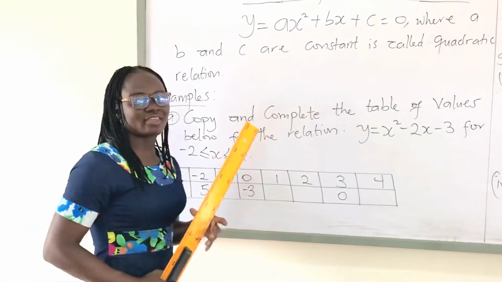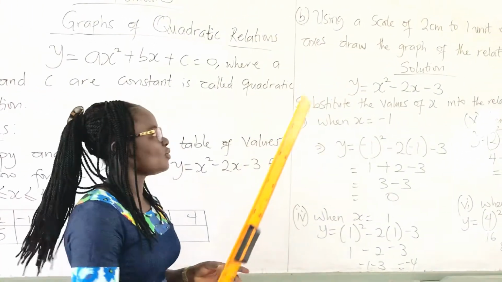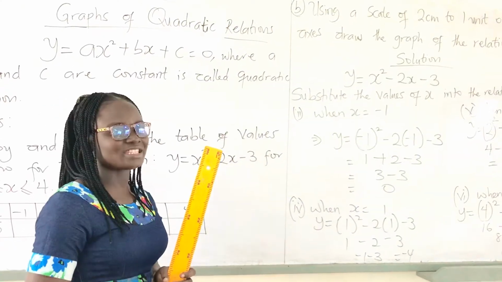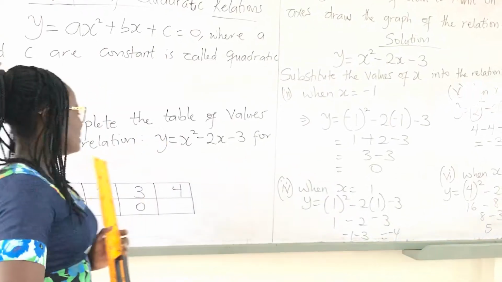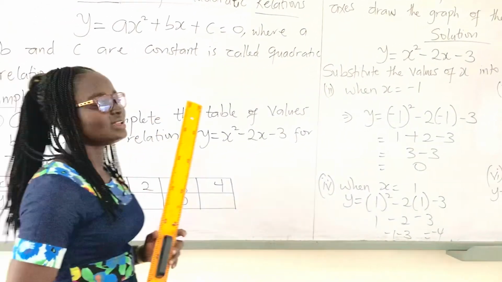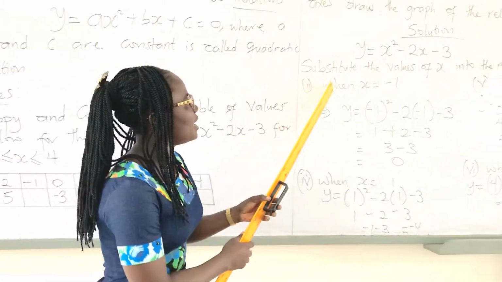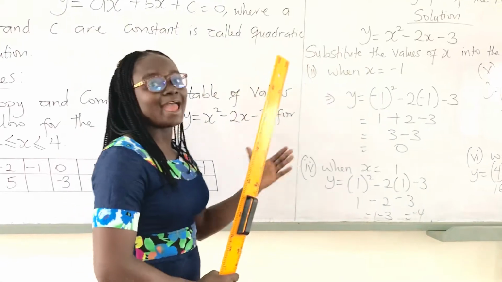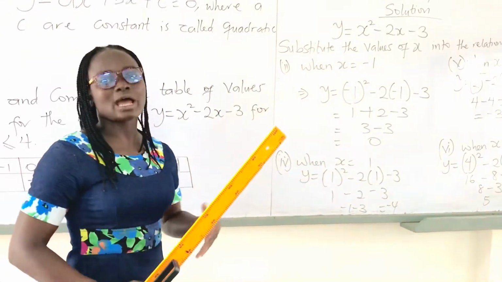Let's go through together. The relation given to us was y equals x squared minus 2x minus 3. So we are going to substitute the intervals, that is our x values. The first we have on the table has been filled: when x equals -1, what is our y?